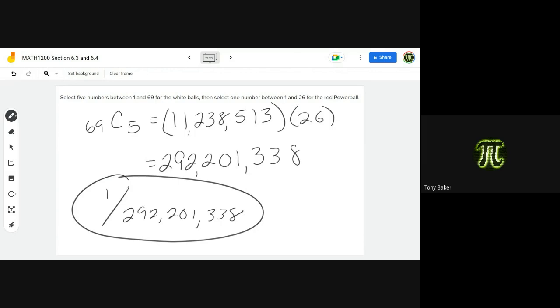So they can make one little change, just add a few extra numbers, and drastically decrease the odds of you winning. But what that does is it increases the jackpots, and more people are going to play, which in turn makes them more money.